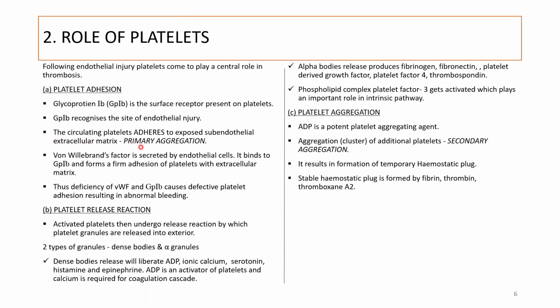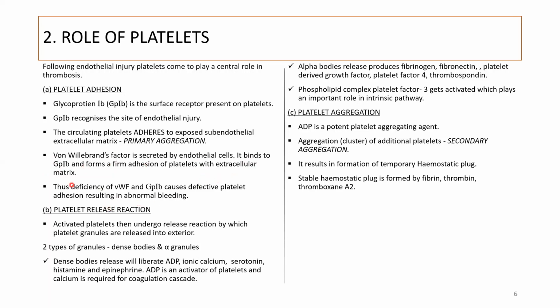And this is called primary aggregation. Next, endothelial cells, the cells present in the blood vessel, will secrete von Willebrand factor. Von Willebrand factor binds to GPIB, the surface receptor of platelets, and forms a firm adhesion between the platelets and the blood vessel, mediated by von Willebrand factor and GPIB.